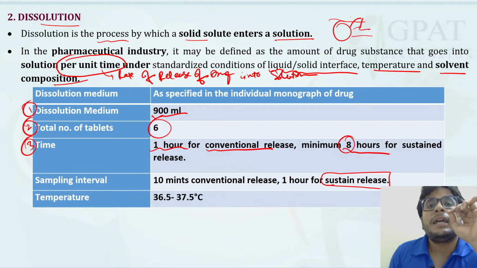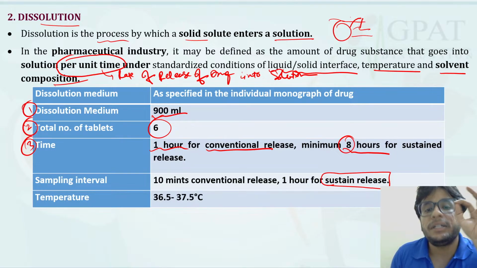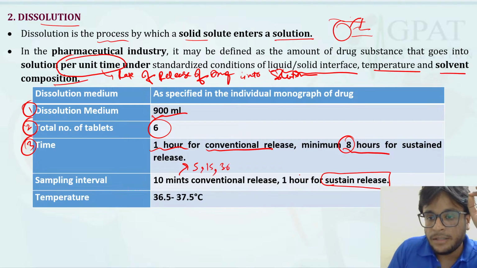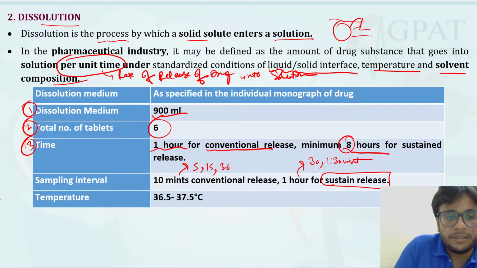And if we take the first sample at 15 minutes, then we have to take another sample at 30 minutes. Okay. So yes, 5 minutes, 15 minutes, 30 minutes. But a 1 hour gap is needed. Like, if we take the first sample at 30 minutes, then we have to take another sample at 1 hour 30 minutes. Okay, yeah. So these are the sampling intervals.